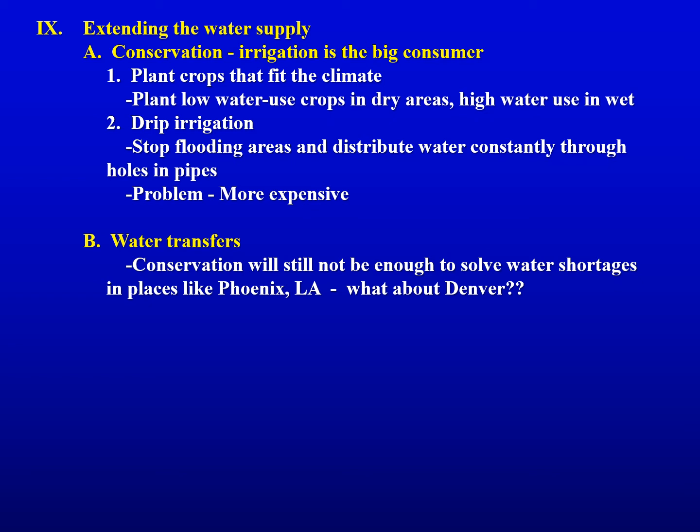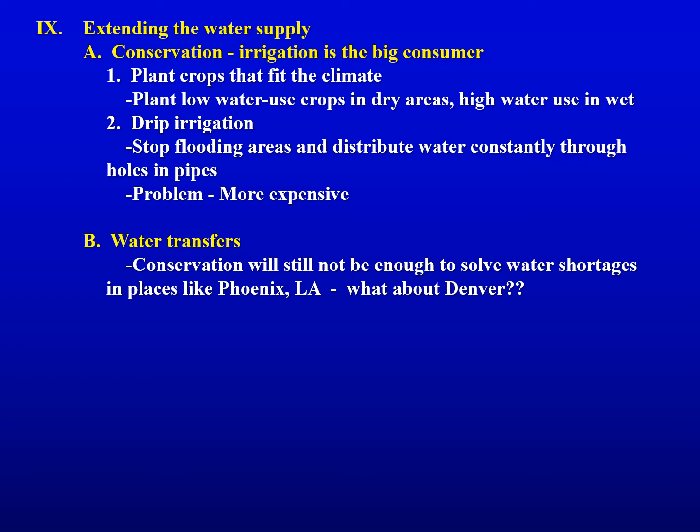Phoenix does the same thing. If you've ever been to Phoenix, you know there's this huge system of canals. It's bringing water from the Colorado River 200 miles away. Tucson brings water from the Colorado River 100 to 200 miles away. Denver brings water from the other side of the Rocky Mountains. Boulder, Greeley gets its water from all the way high up in Poudre Canyon.